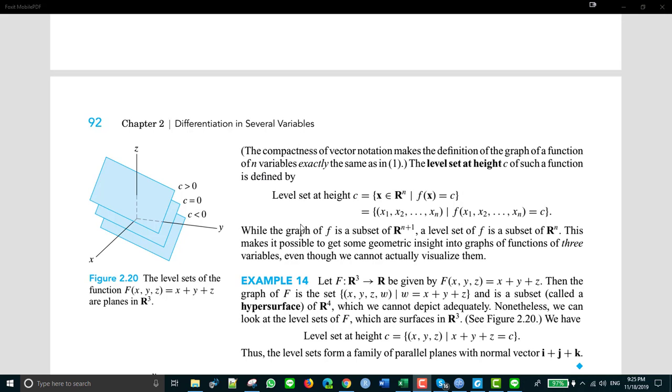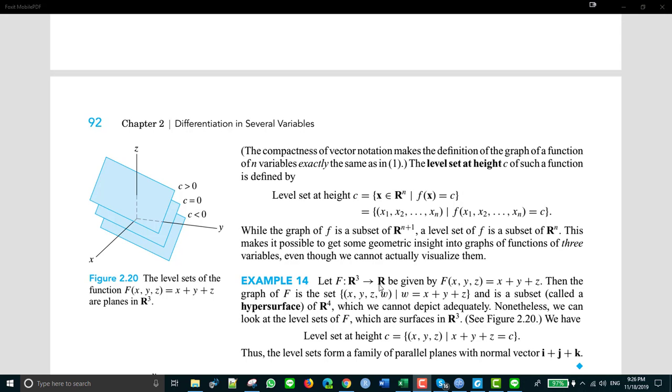And she says again, while the graph of f is a subset of Rn plus 1, a level set of f is a subset of Rn. This makes it possible to get some geometric insight into graphs of functions of 3 variables, even though we cannot actually visualize them. So remember that if we're talking about a function from R3 to R, we can't visualize it anymore.